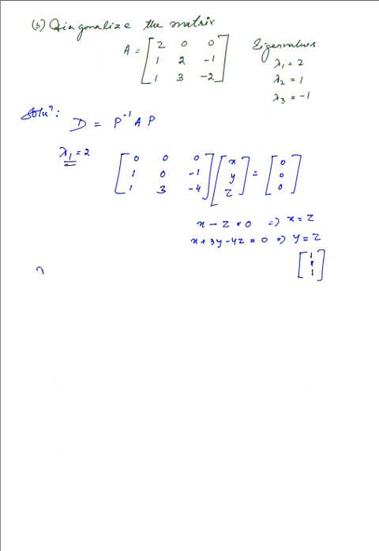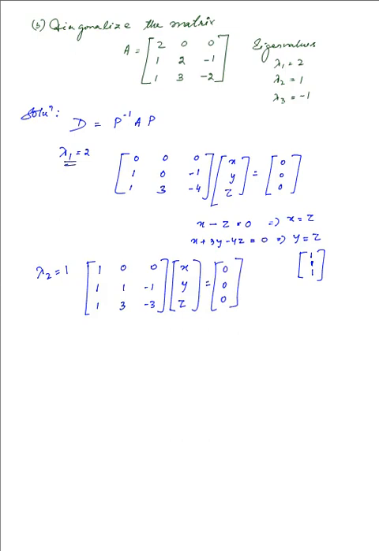Now for lambda 2, we are using the value of lambda 2, which is 1, of course, and that yields 2 minus 1 is 1, 0, 0, 1, and this is again 1 minus 1, and the last one is 1, 3, minus 3, and that multiplied to x y z column matrix is a 0 column matrix, and then we have the first term, we have x is equal to 0, so that's solved.